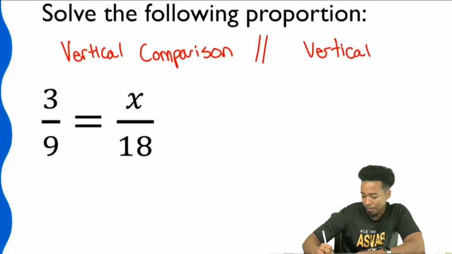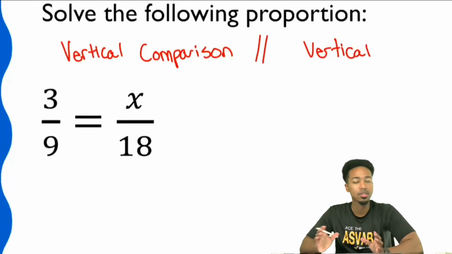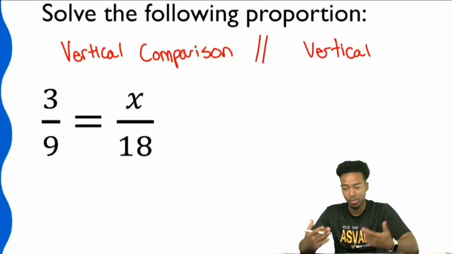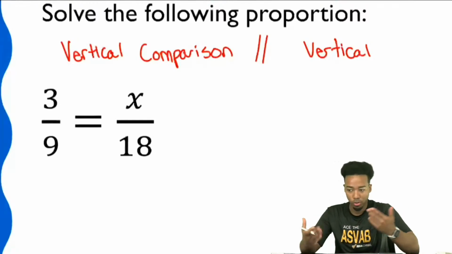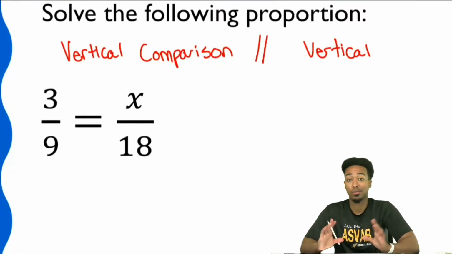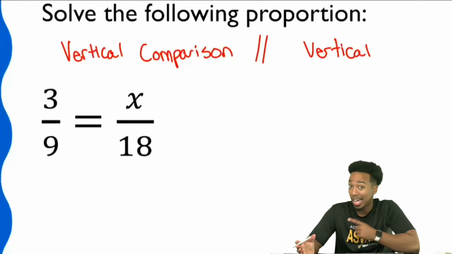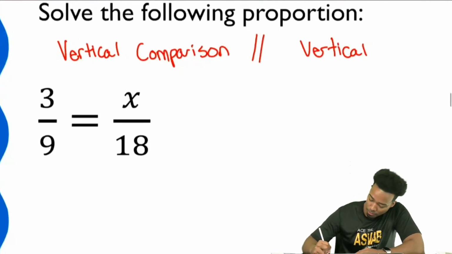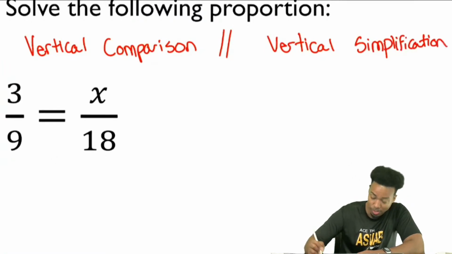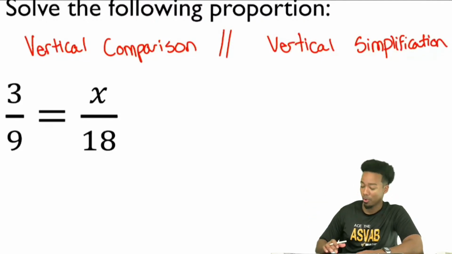These are both the same thing, but I'm going to present them to you as 2 different ideas because once I show you the second way, you'll be like, oh yeah, coach, that makes total sense. The same thing. You can treat it whichever way you want. It's really fluid. As long as you understand what a fraction is, this is going to make a lot of sense. So vertical comparison, vertical simplification, same idea. And trust me, this is going to help you with much more than just proportions.